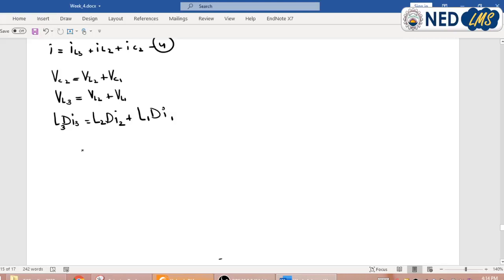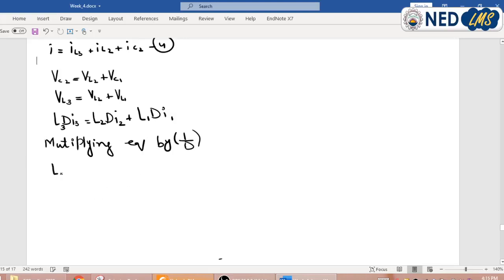I can remove this derivative operator if I use an integral here, multiplying this whole equation by 1 over d, or you can say integrating this whole equation.